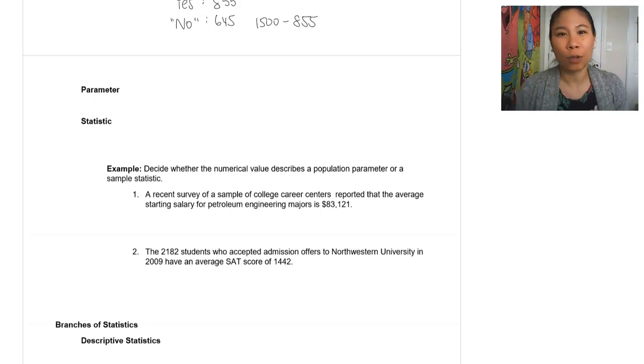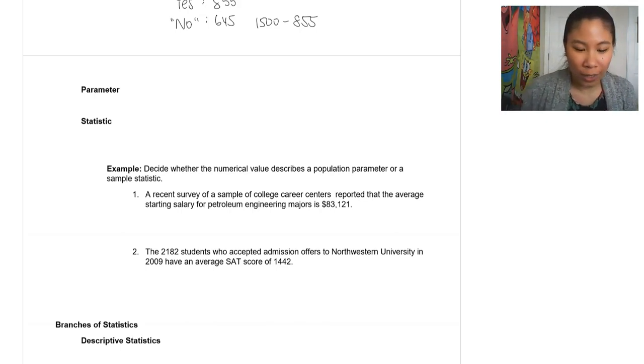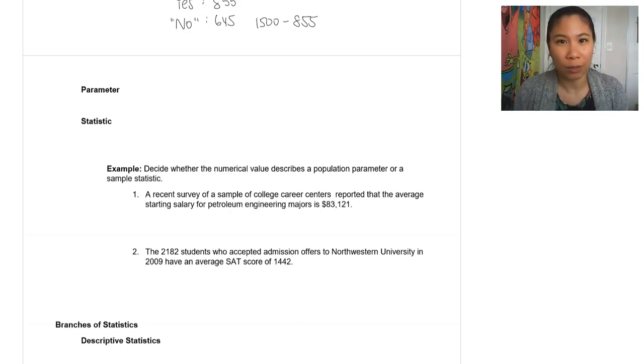That's actually a statistic. So when you gather data from a sample, the numbers or counts you get out of it are called a statistic. But if you do it from a population, like when we take information from the census, for example, all of that data gathered is called parameters.